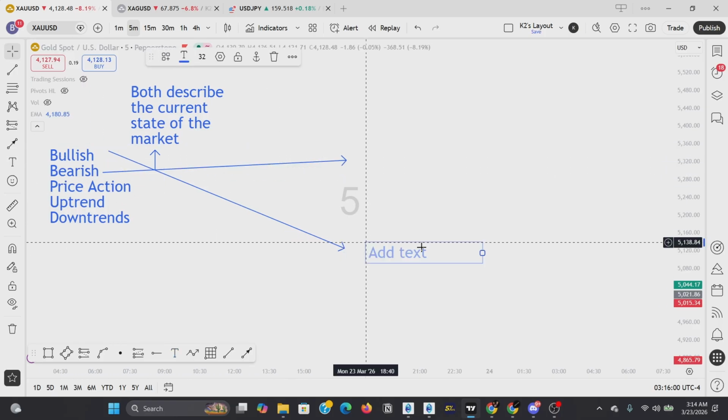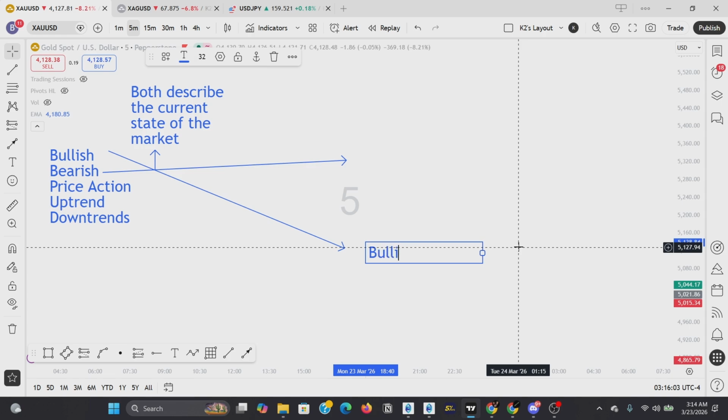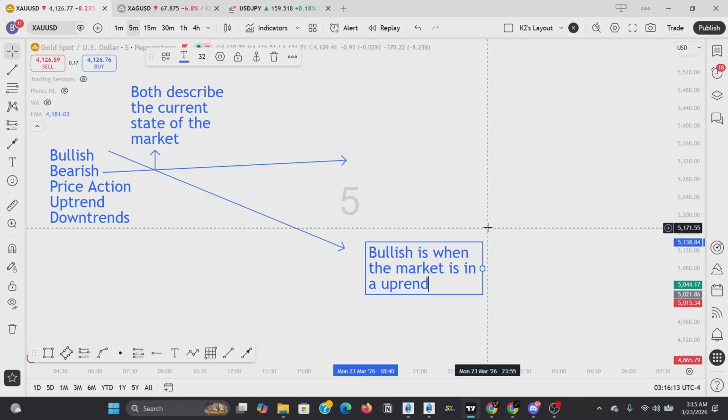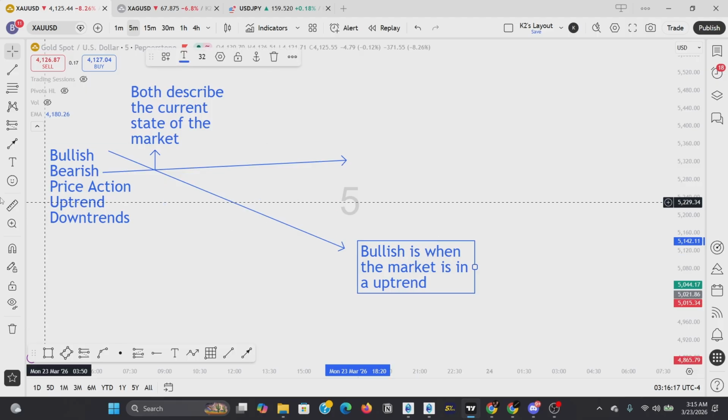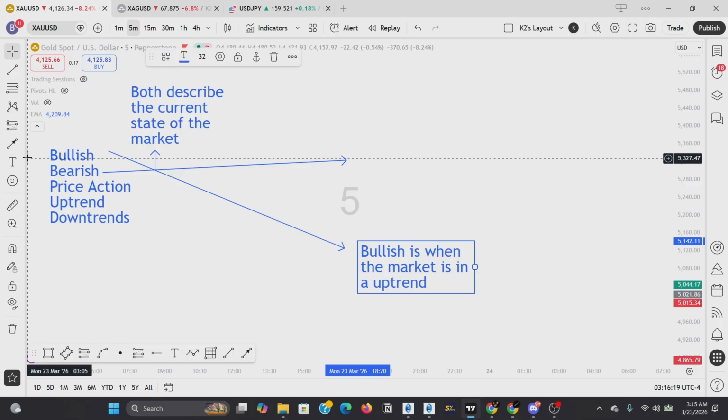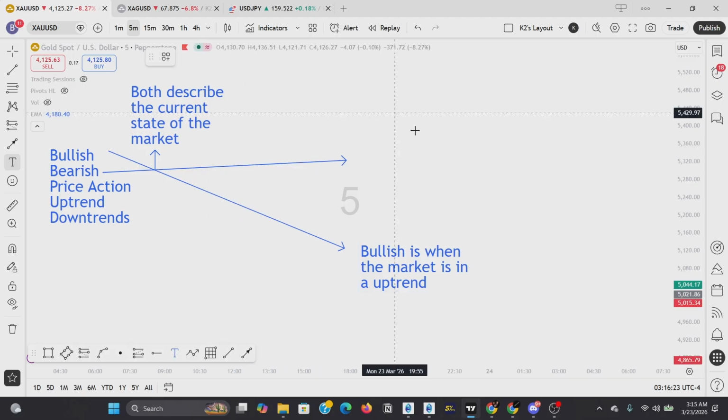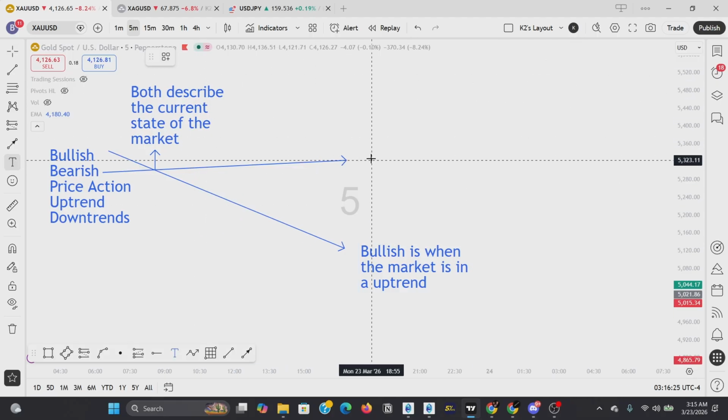Bullish describes when the market is in an uptrend, when there are a lot of buyers in the market, when there's a lot of up going on.